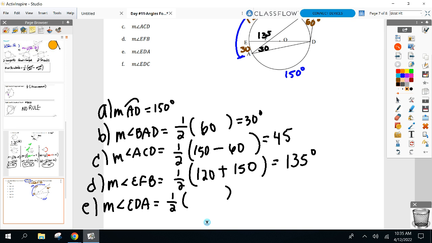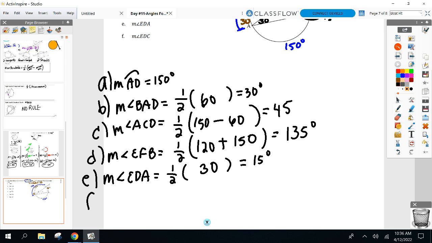EA, which is 30. That's 15. And if you froze and didn't know it was inscribed, could you find that angle right there? Now it's two angles out of three in a triangle. Okay, if you froze. And then EDC.